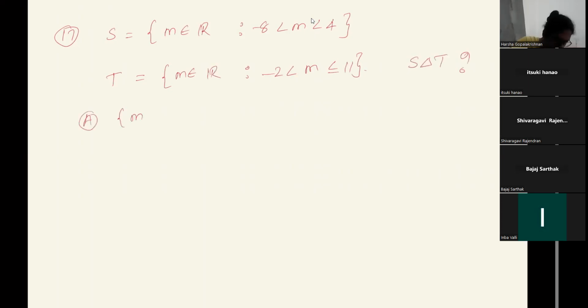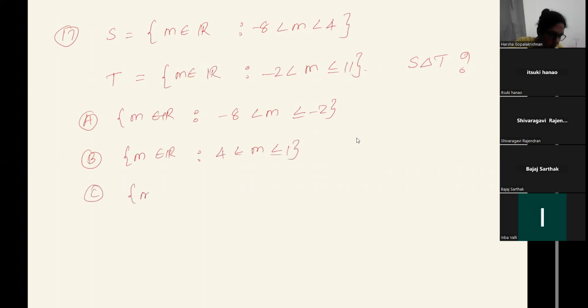The first option is the set of all M in R such that -8 < M ≤ -2, and the set of all M in R such that 4 ≤ M ≤ 11. The third option is the set of all M in R, -8 ≤ M ≤ -2.